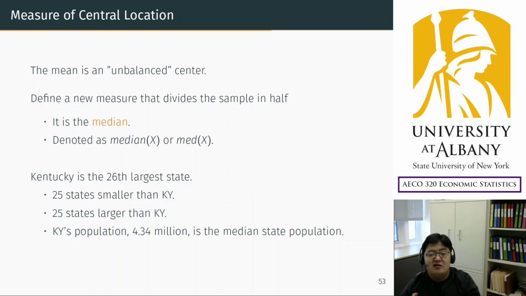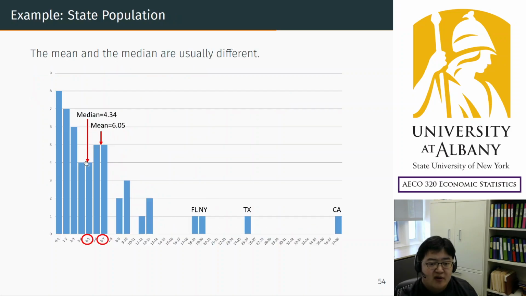That is, Kentucky will balance the sample on both sides. Kentucky's population is 4.34, so we call this the median. This is literally the center that balances the number of observations on both sides, right?